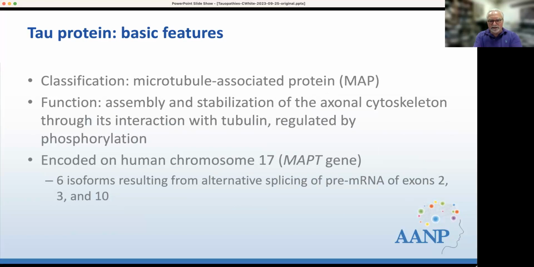Tau is encoded on human chromosome 17, the so-called MAPT or MAPTau gene. And from this gene, we get 6 isoforms of tau that result from the alternative splicing of a precursor messenger RNA, alternative splicing involving exons 2, 3, and 10 of the 16 tau exons.